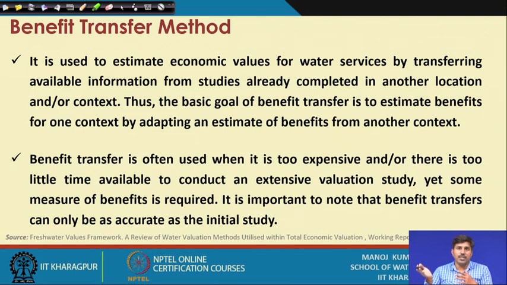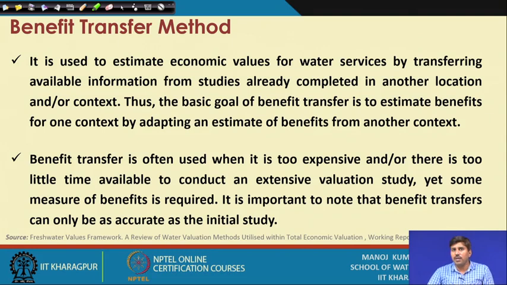So, if one is taking a clue from any different study and trying to superimpose it, trying to include the implications of that study for some other set of problems or services or locality, then it is referred to as the benefit transfer method.